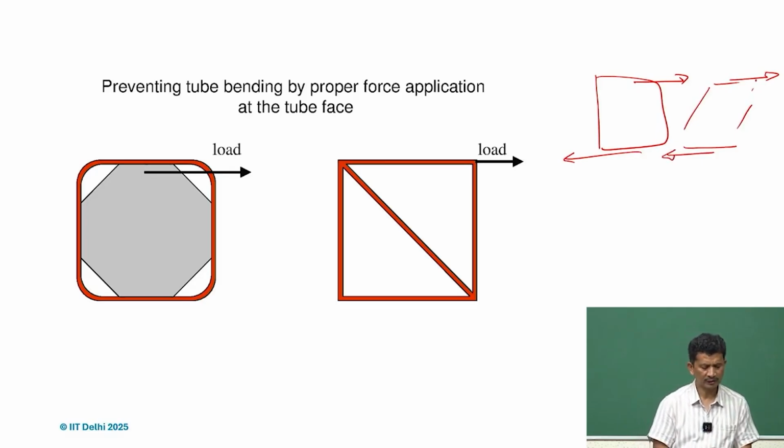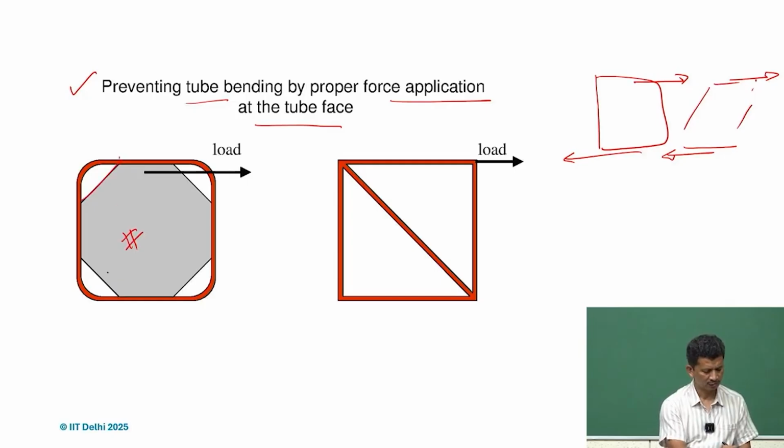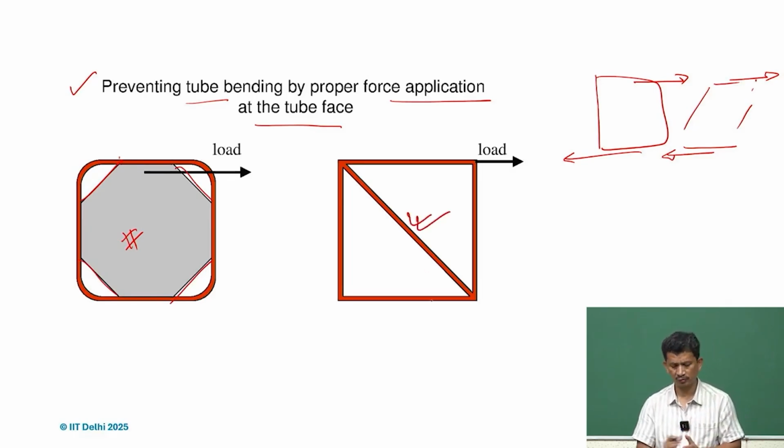That's what this is saying: preventing tube bending by proper force application at the tube face. Wherever we are applying the force, it is very important to close the end. So for instance, here we can put this end plate so that the end cannot move, cannot deform. So it's closed, or we can have this diagonal member placed so that it ceases to have this motion.